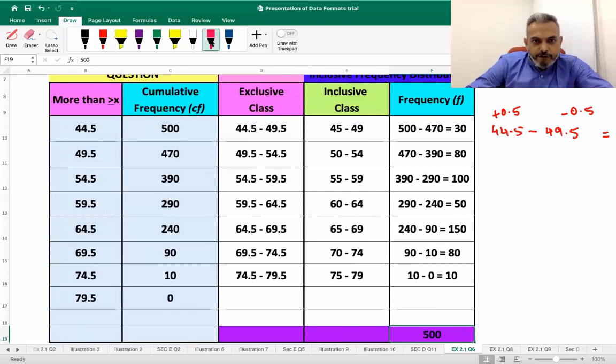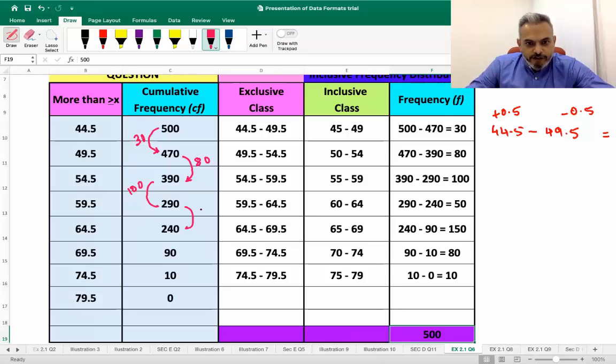Okay, once again for those who still got confused, pay attention. Cumulative frequency is given. We want to make the original frequency. So highest minus lowest. 500 minus 470 is 30. 470 minus 390 is 80. 390 minus 290 is 100. 290 minus 240 is 50. 240 minus 90 is 150. 90 minus 10 is 80.